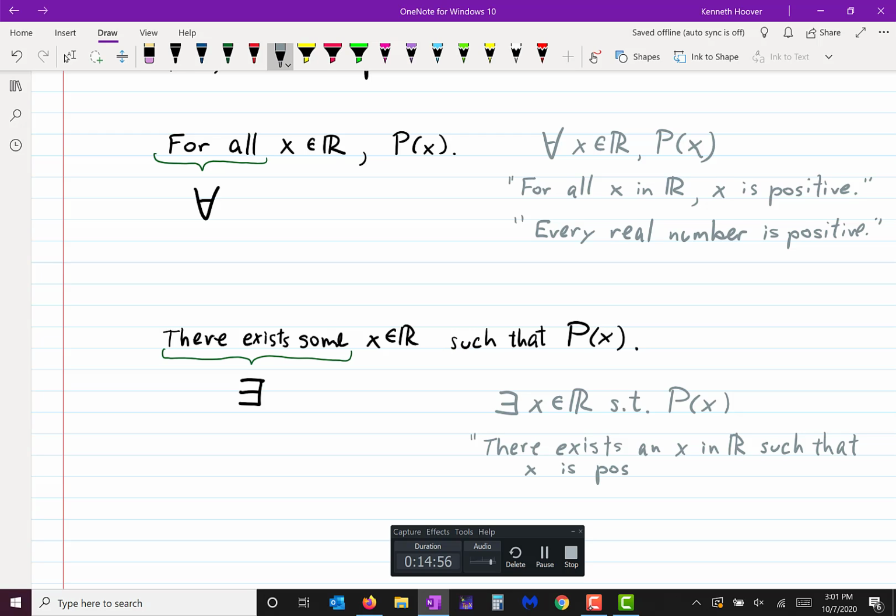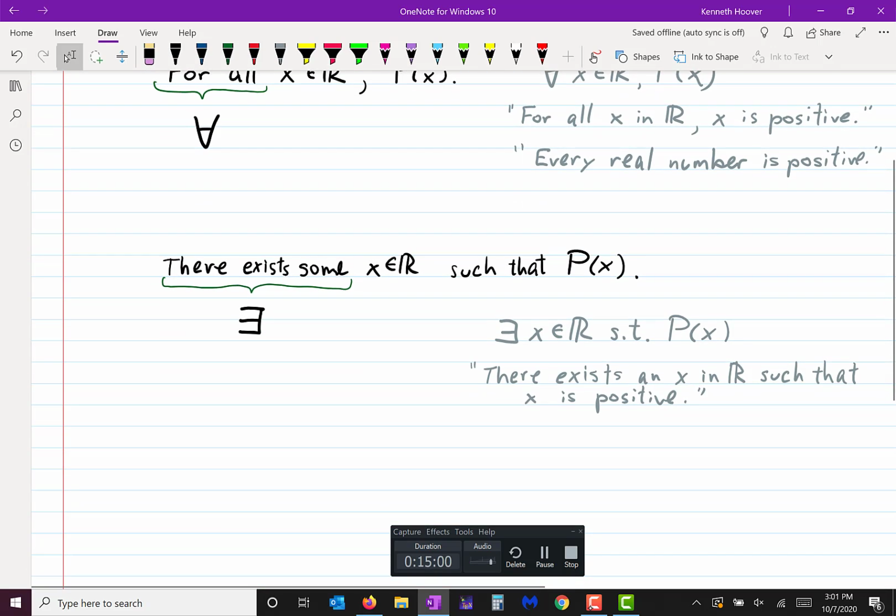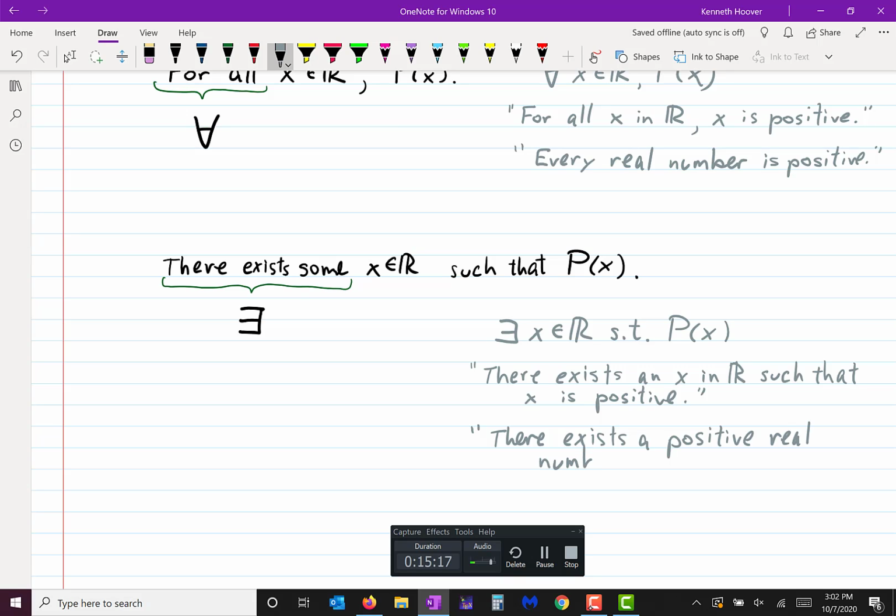Or a shorter way of saying that is there exists a positive real number. That is a correct statement. Okay?